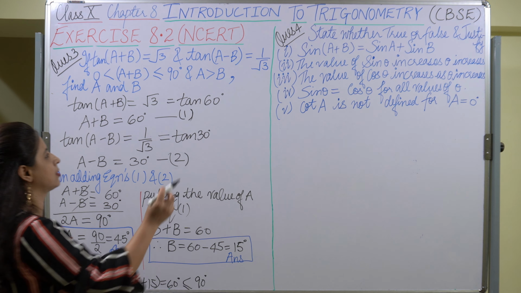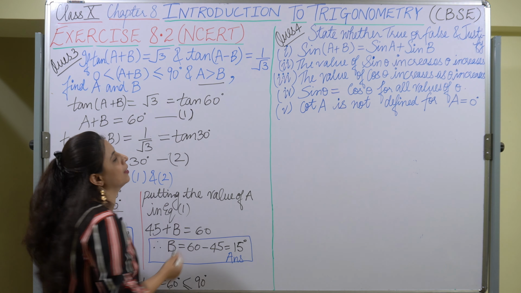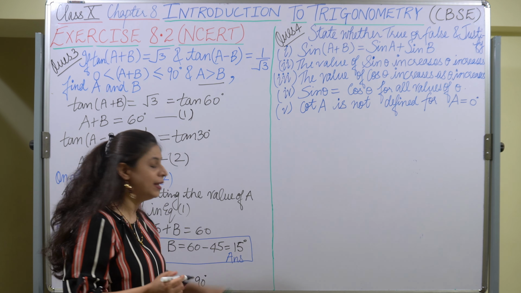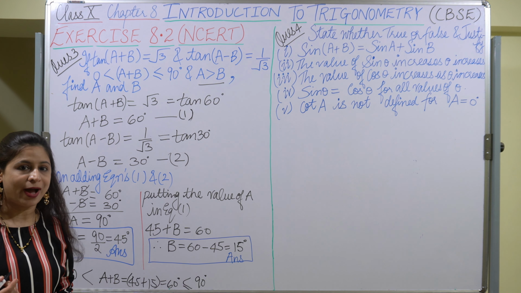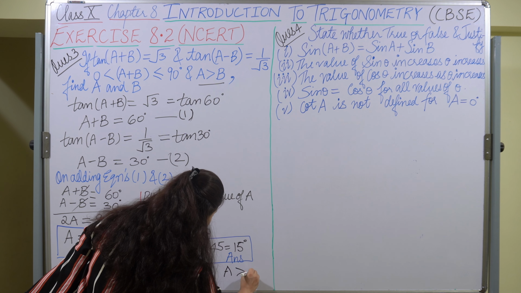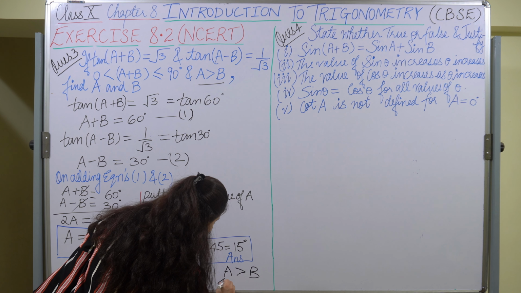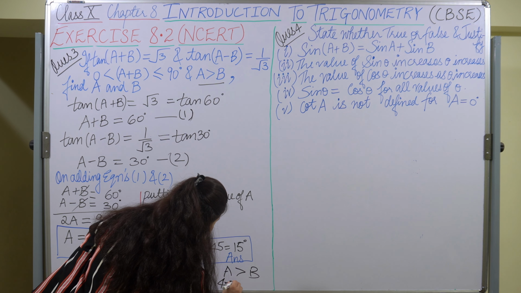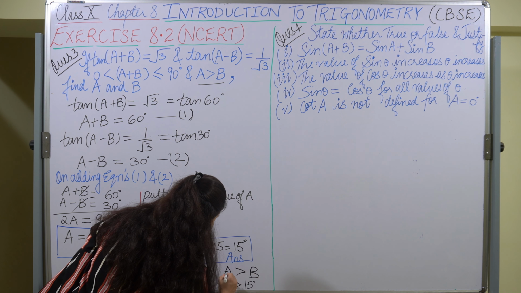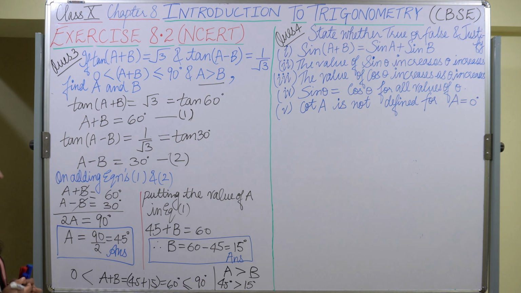The second condition is that A should be greater than B. A is 45 degrees and B is 15 degrees, so that is also satisfied, as 45 degrees is greater than 15 degrees.